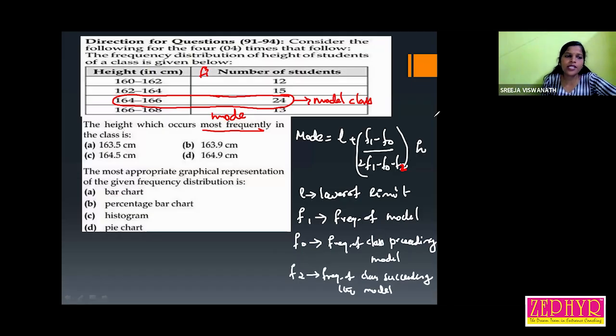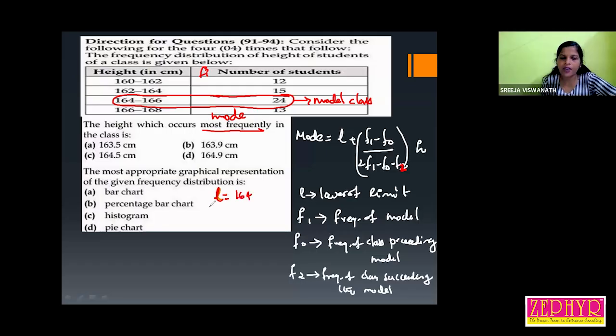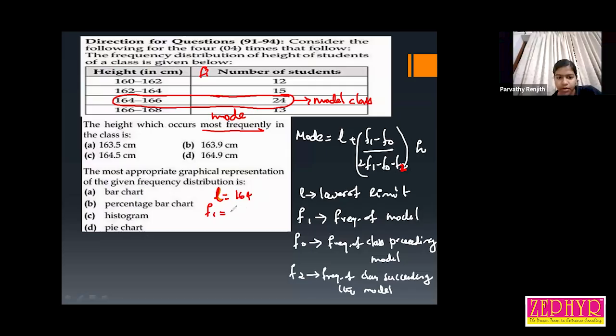Now, what is L here? L is equal to what? 164. And F1, the frequency of the model class? 24.